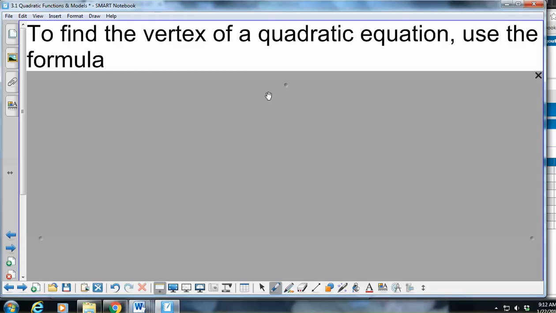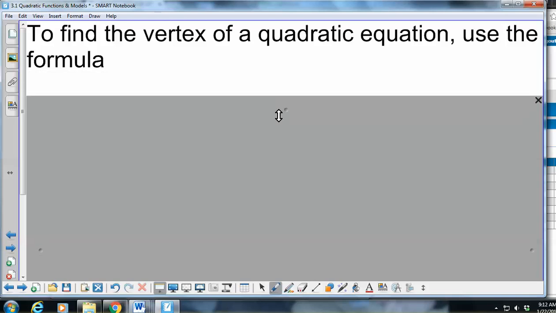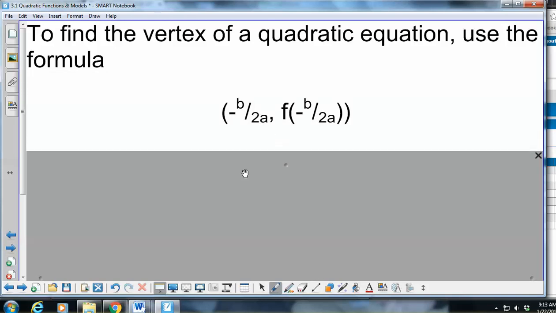What you have to do first is be able to find the vertex. To find the vertex, there is a nice handy formula. Melissa, you remembered this the other day. What was it? The opposite of b over 2a. Right. If you look in your book, or if you remember from Algebra 2, it looks kind of ugly. Your x is the opposite of b over 2a. Then all this means is once you have x, you plug it in to get your y.